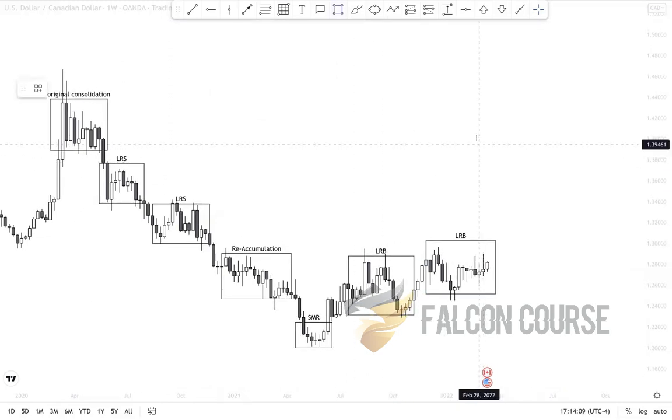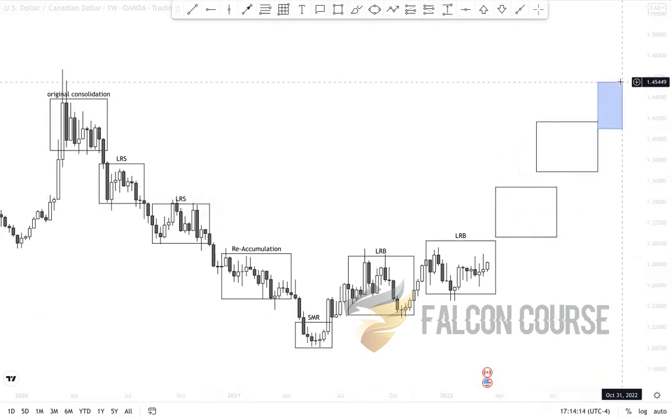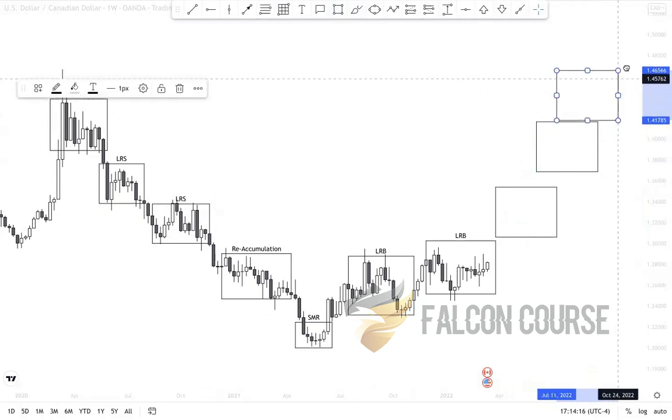You know, eventually you want to see the market trade above the original consolidation.